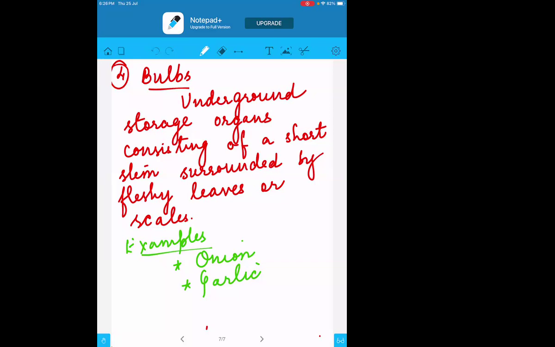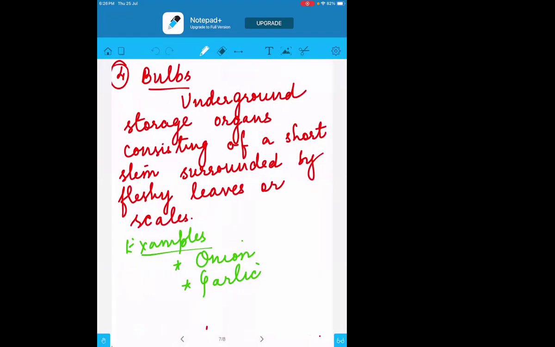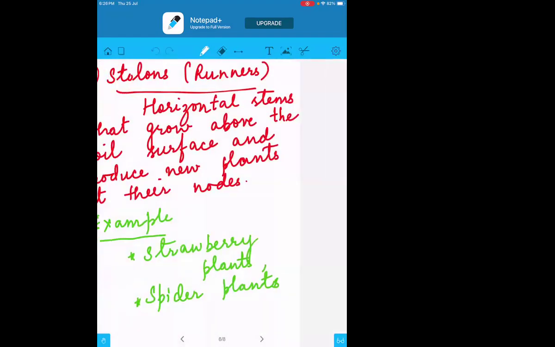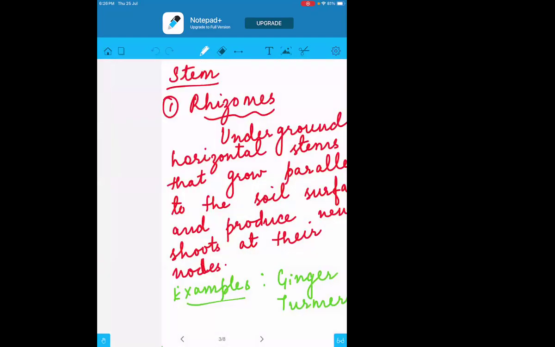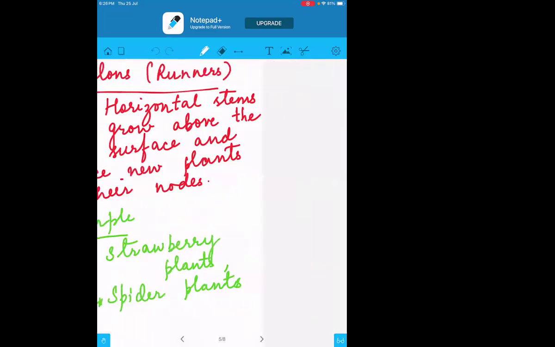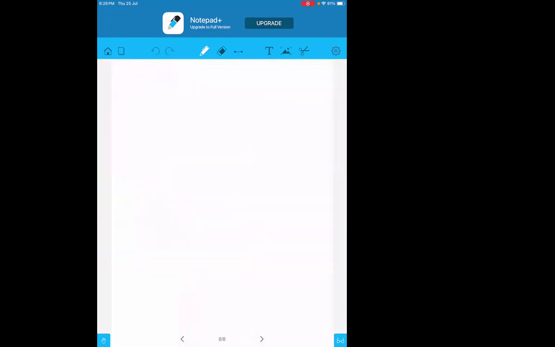The next one is through the leaves. So, the leaves.